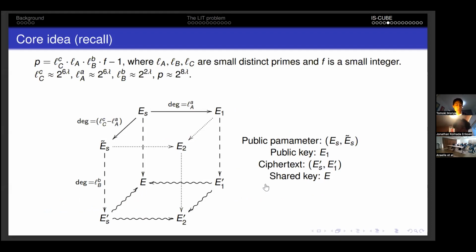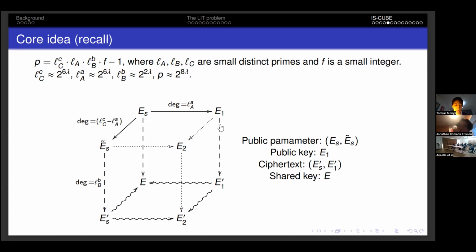Okay, then I go back to the core idea slide. And as I mentioned, the public parameters are E0 and another curve E0, and everyone knows the isogeny tau between them. And first Alice computes the isogeny of degree LA to A, and she obtains E1. And she outputs this curve as the public key, along with some other torsion points.